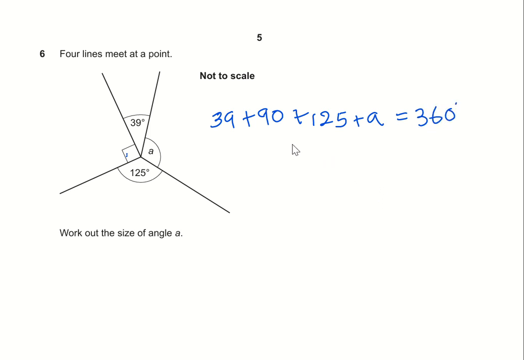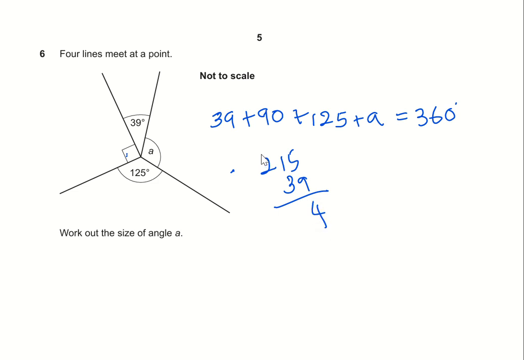So you will get a total of 360 degrees. So if we add 125 and 90, it is 215. Okay. If you can't add straight away, you can write 215 add 39.